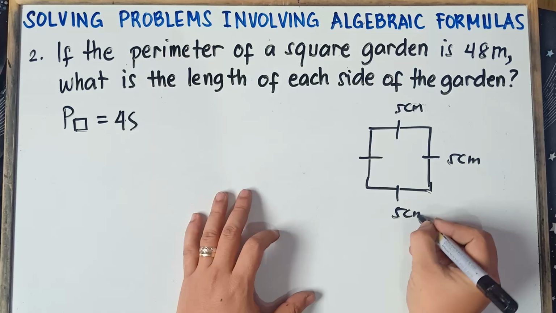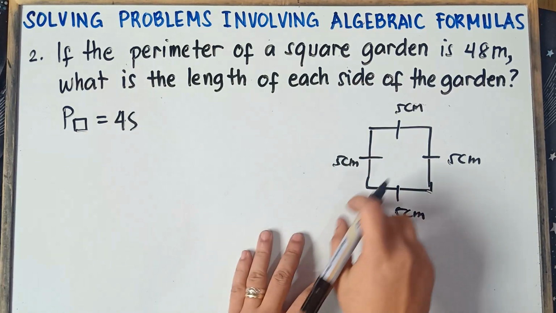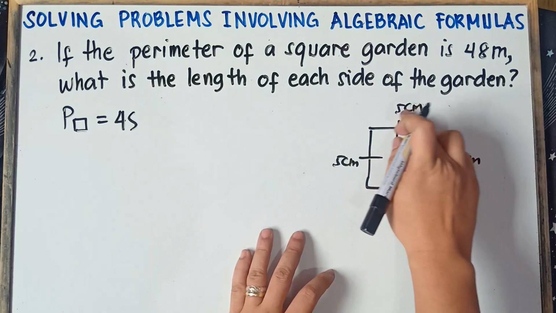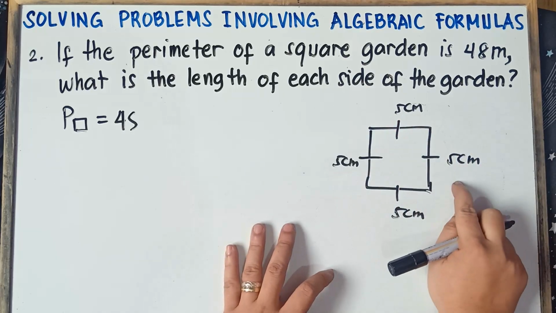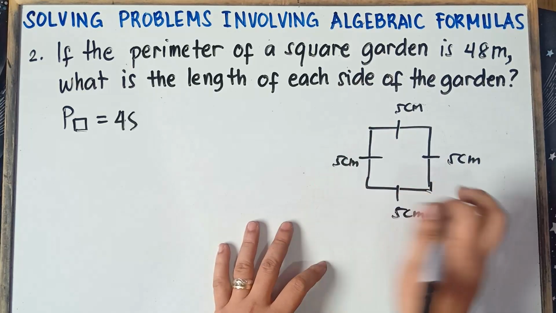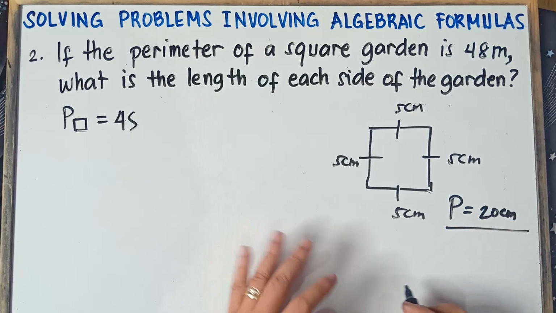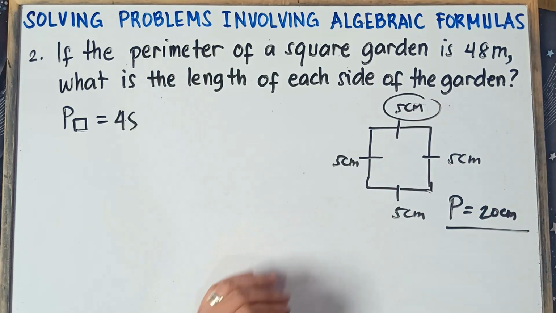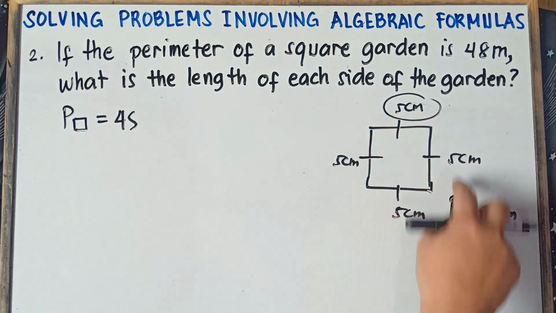This is 5 centimeters, and then 5 centimeters. To get the perimeter, if each side measures 5 centimeters, we can simply add this up. 5 plus 5 is 10, plus 5 is 15, plus 5 is 20. Therefore, the perimeter equals 20 centimeters if each side measures 5 centimeters, because perimeter is the sum of all sides.